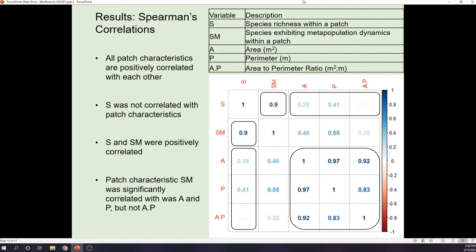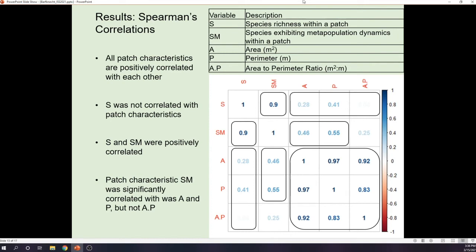positively correlated, which means that the more total species that occur within a site, the more species within that site are sharing metapopulation communities with adjacent sites. And then finally, for example here, species that exhibit metapopulation dynamics typically also have at least a weak positive correlation with area, which you'd expect with total species, but in this case it's with just species that have metapopulation dynamics.